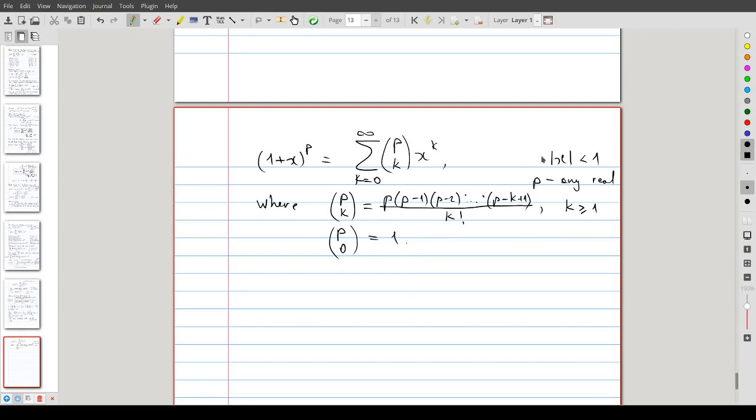And so this power series representation for (1 plus x) to the p is what we will refer to as the binomial series.